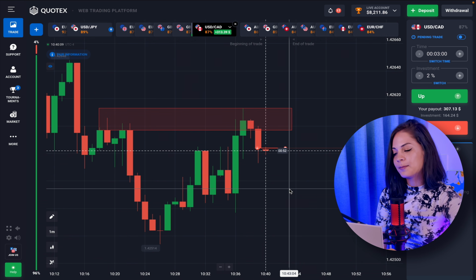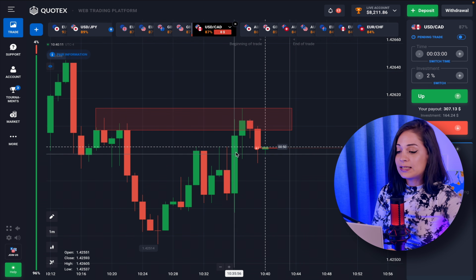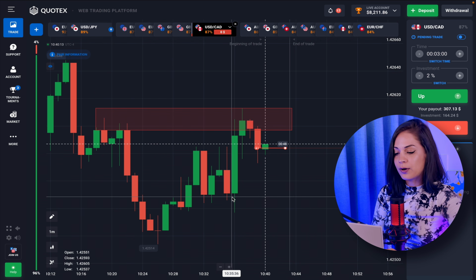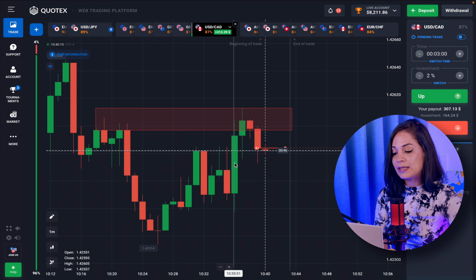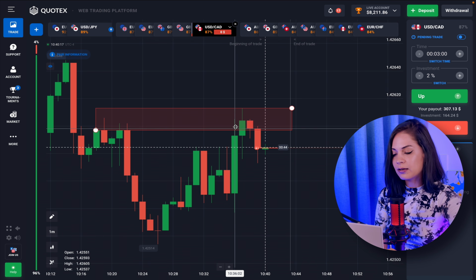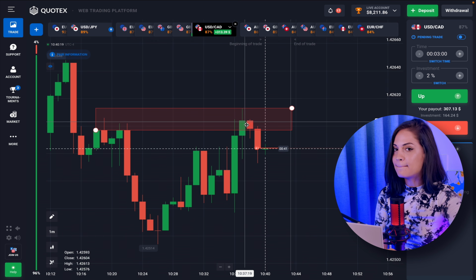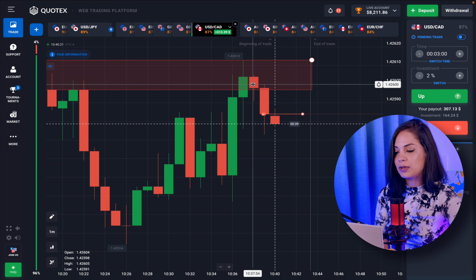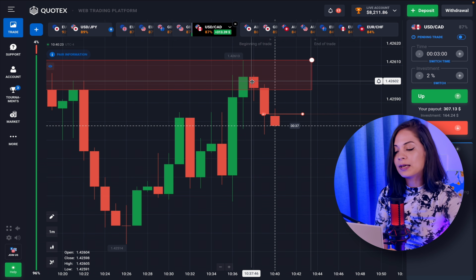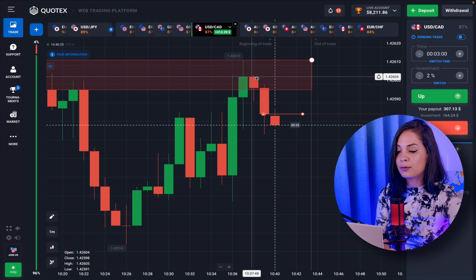Yeah, like that. In this situation, while the price was coming back to the top, we see a huge momentum green candlestick. The next one was much smaller, and additionally we see huge shadows. Then we have red candlesticks forming.